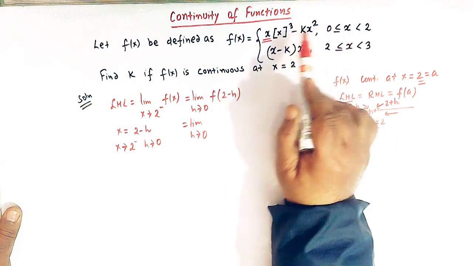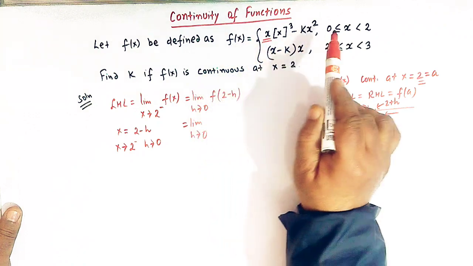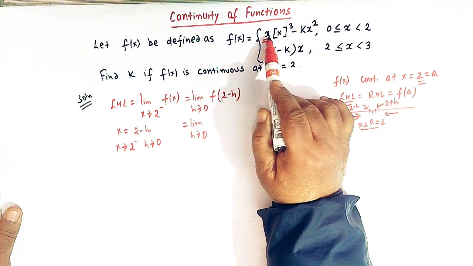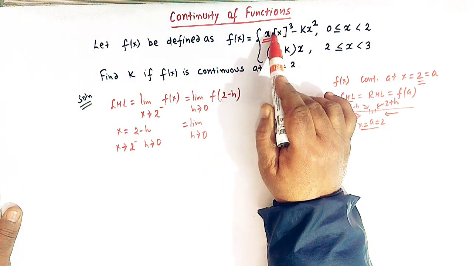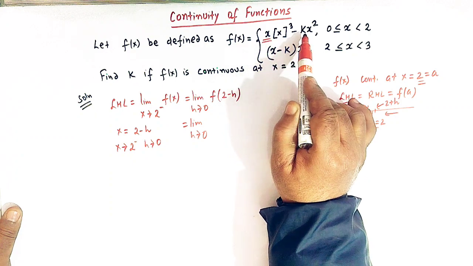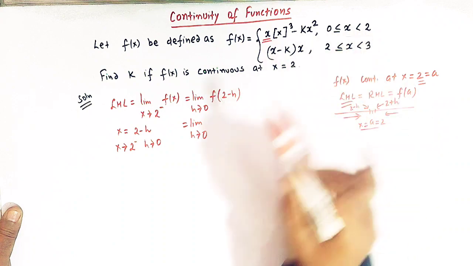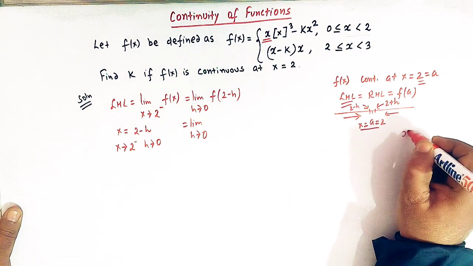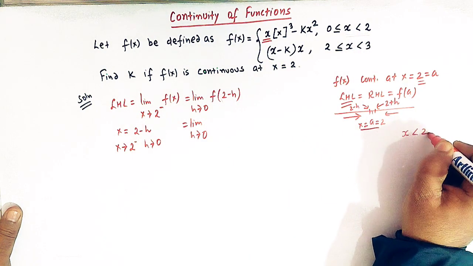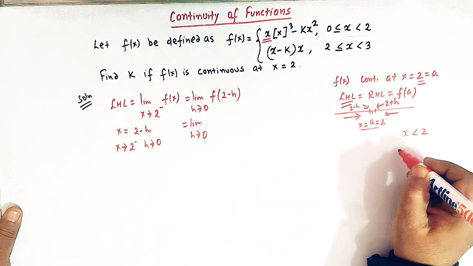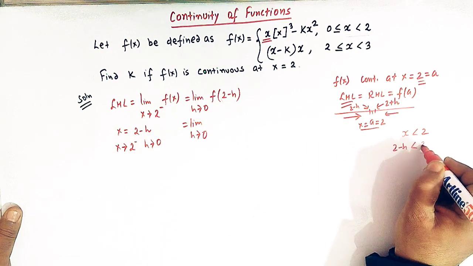Because see here the function f(x) is defined as x times the cube of the greatest integer of x, minus kx squared, for all values of x which are less than 2, right? So when x is less than 2, it means 2 minus h is less than 2.